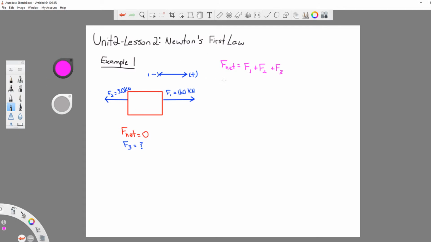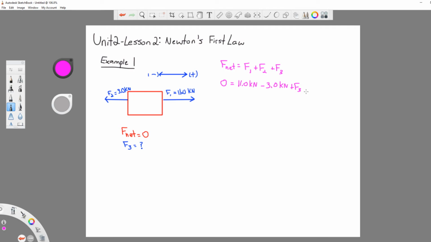So F net, which is 0, is equal to 11.0 kilonewtons. It's right and forward, so it's positive. We're going to be adding a negative value, or subtracting our friction resistance force, 3.0 kilonewtons, plus our F3. We're just going to solve for F3 now.